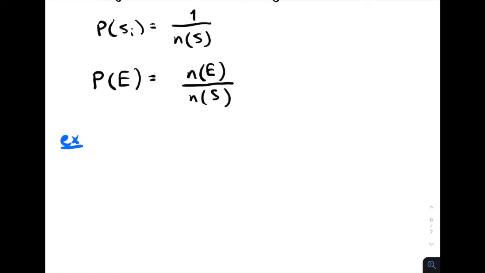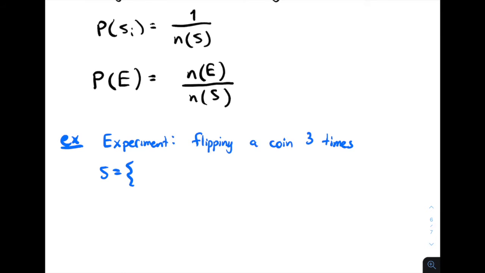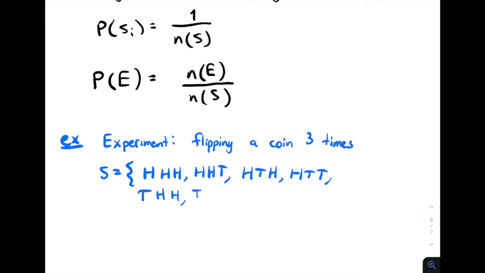As an example, let's suppose our experiment was flipping 3 coins. Here, our list of all outcomes would contain heads, heads, heads; heads, heads, tails; heads, tails, heads; heads, tails, tails; tails, heads, heads; tails, heads, tails; tails, tails, heads; and tails, tails, tails.